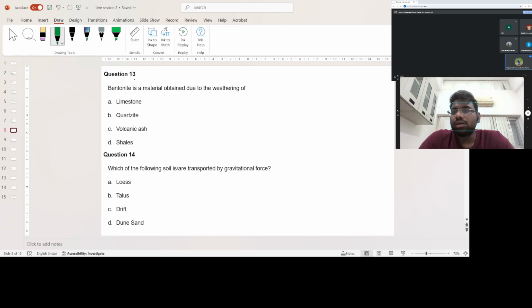Question 13 is, bentonite is a material obtained due to the weathering of limestone, quartzite, volcanic ash, and shales.